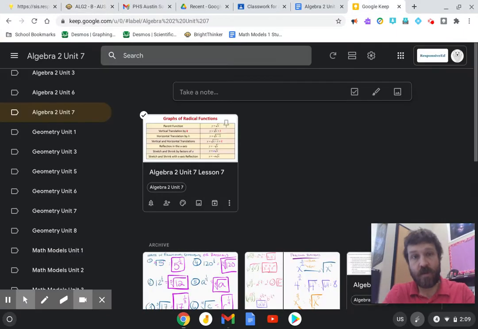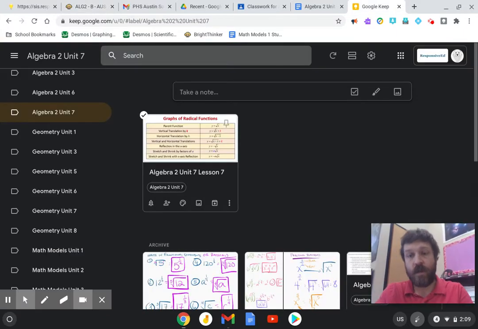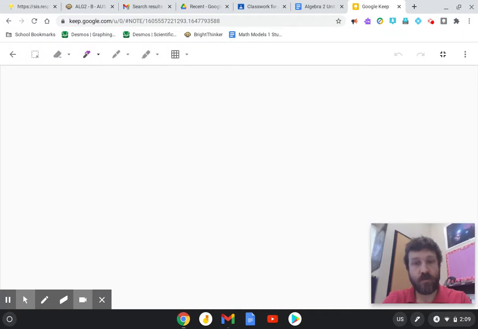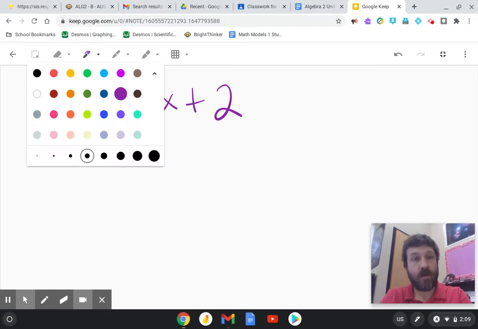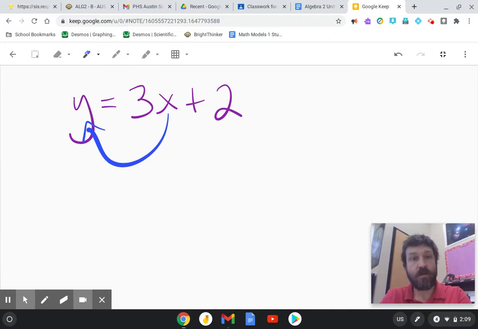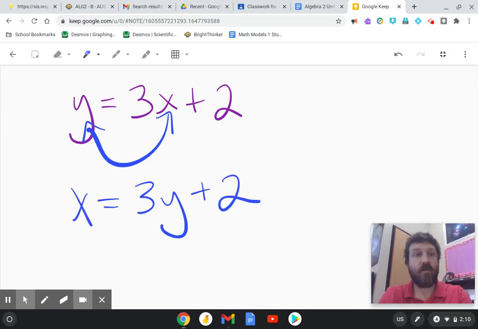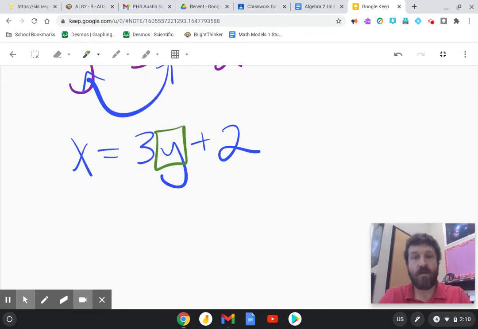So what I mean by that is when we do the algebraic solution for an inverse, if you'll remember, I'll give a basic linear function example. We would take the x and the y and we'd switch them and we get a new equation. And then in order to find the inverse from that, we then solve for y again.